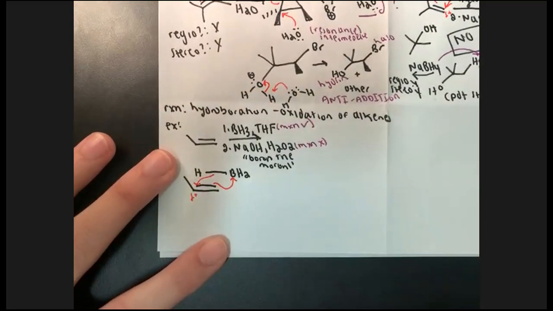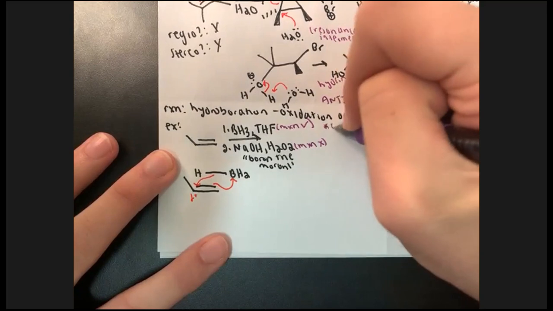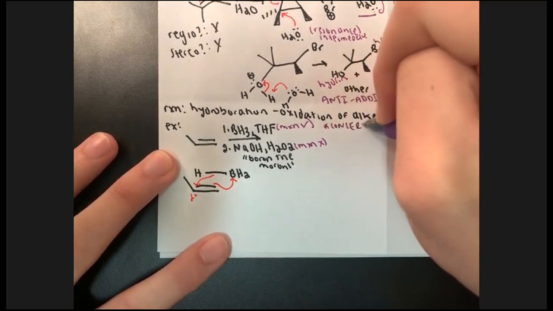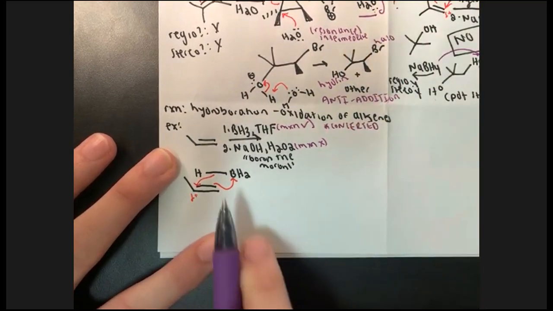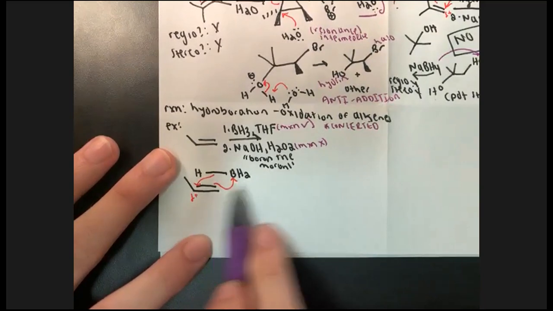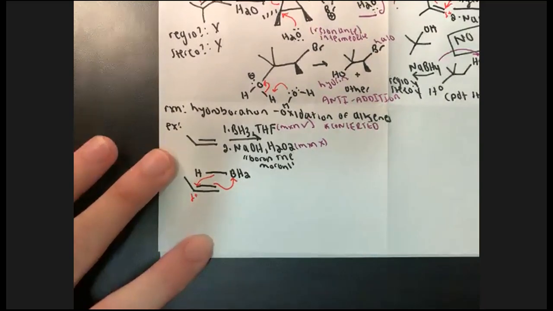So again, this is another one of those concerted mechanisms, okay, concerted. Okay, and notice that we have these 2 fragments, the BH2, I call them fragments, okay? And we have the BH2, which aligns, this is the steric argument. So again, in purple, I'll just write a little thing to remind you, this is a steric argument.